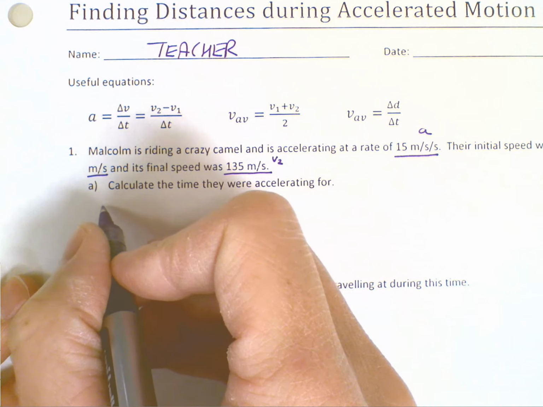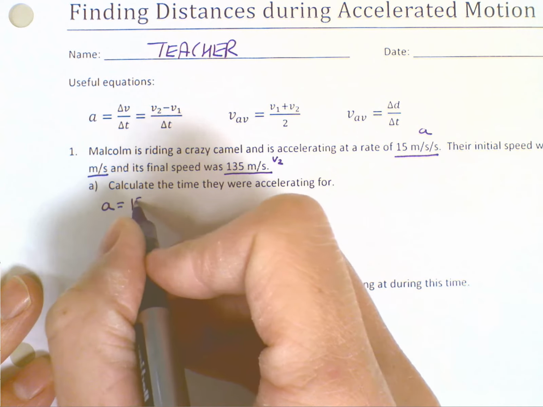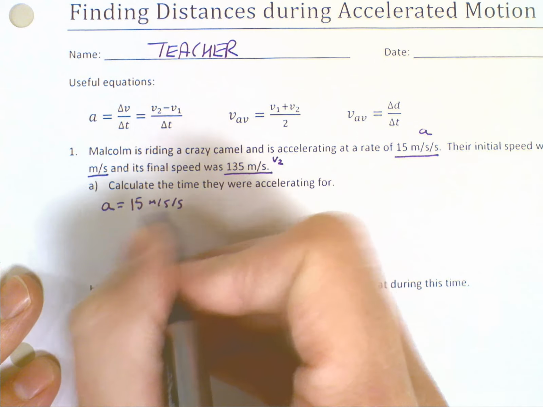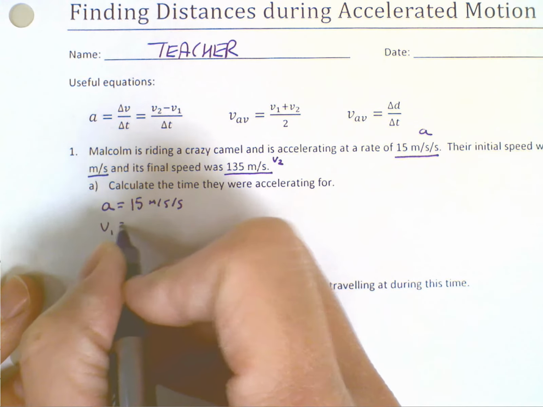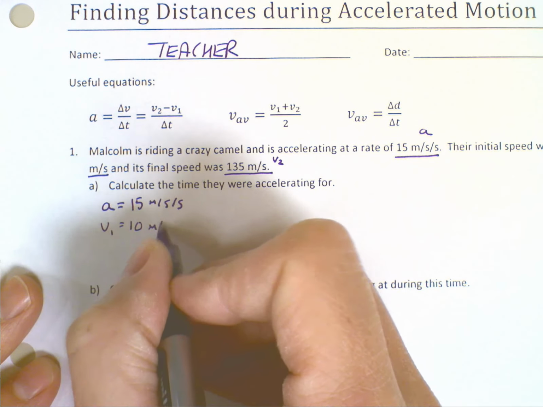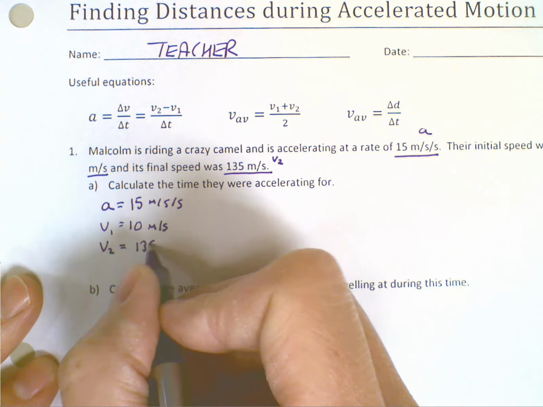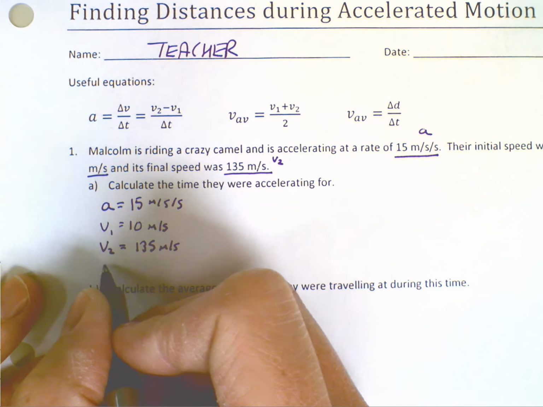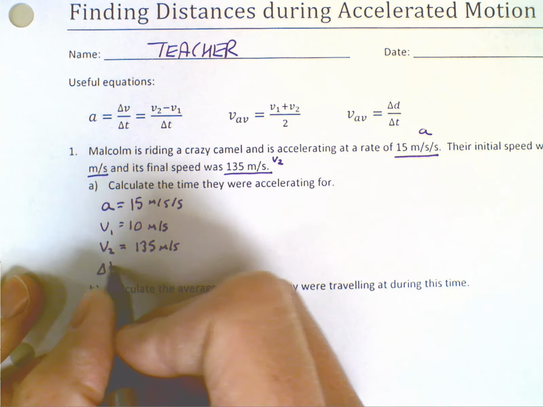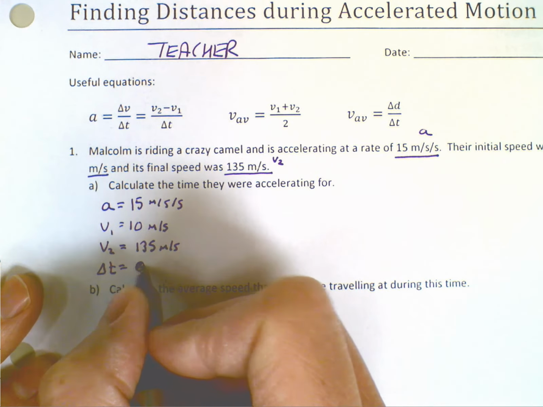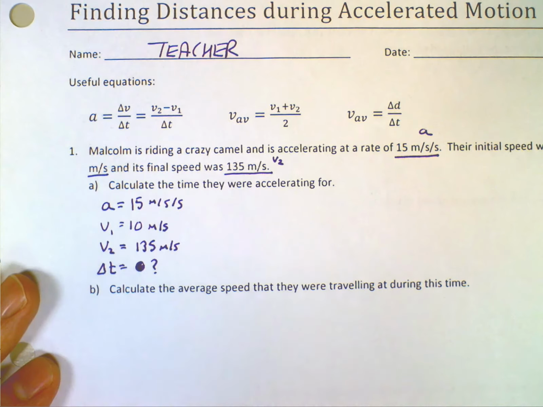So things that we know: we know the acceleration is 15 meters per second per second, we know that v1 is 10 meters per second, and we know that v2 is equal to 135 meters per second. And it asks us to calculate the time required to do that. These are the four variables.